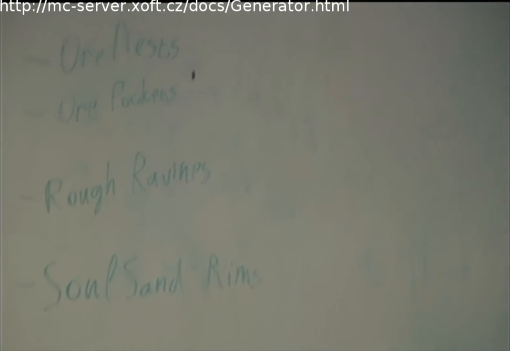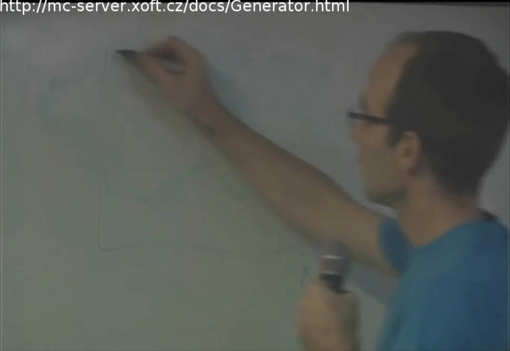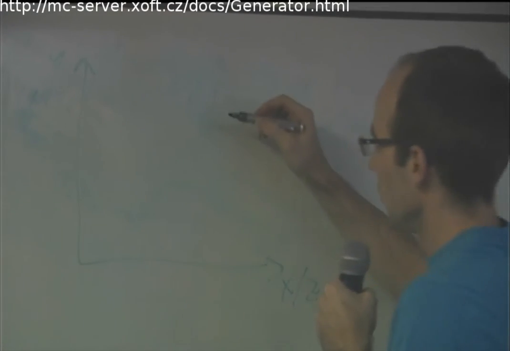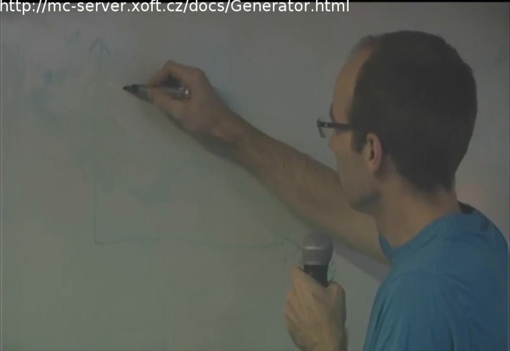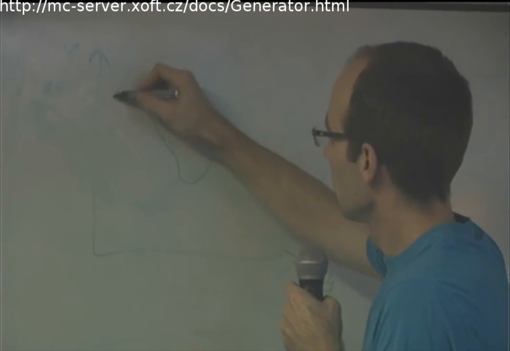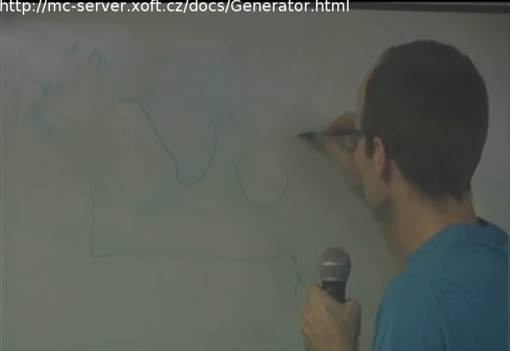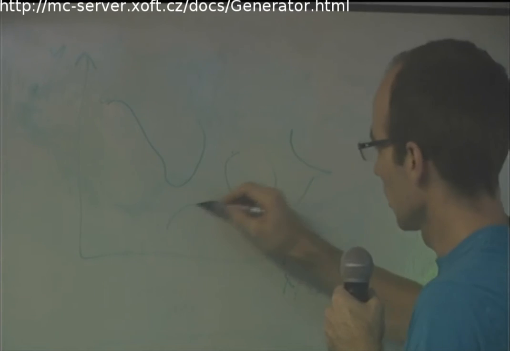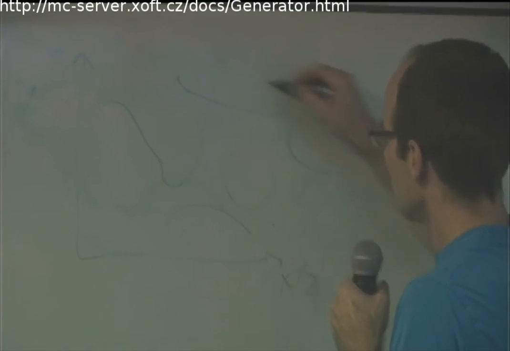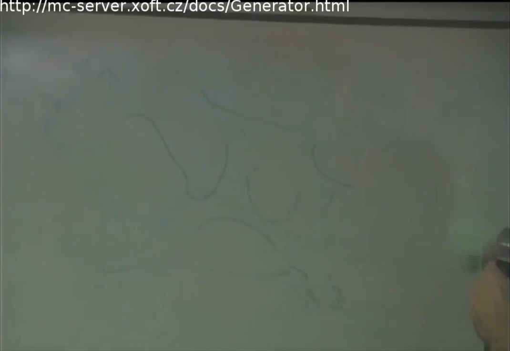Basically what it does, in a cross section, so it's X or Z, this is Y, and we have a nether, which means basically we have huge caverns, bubbles, like Swiss cheese.